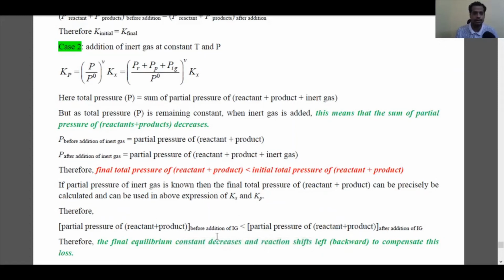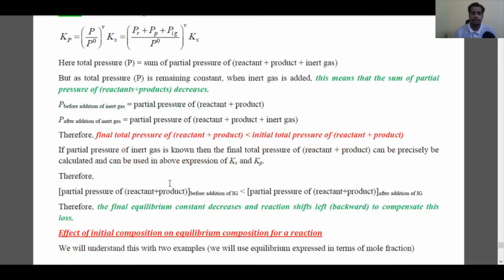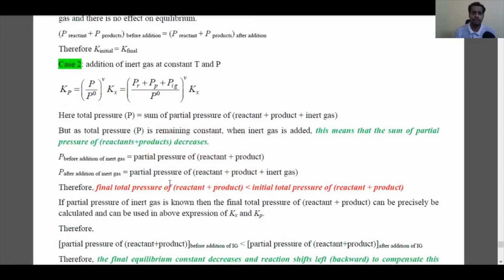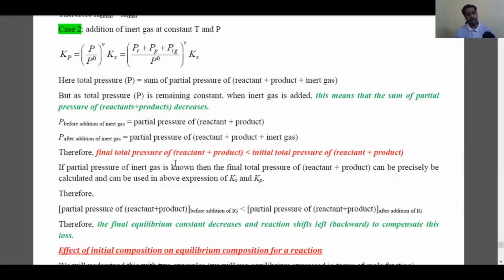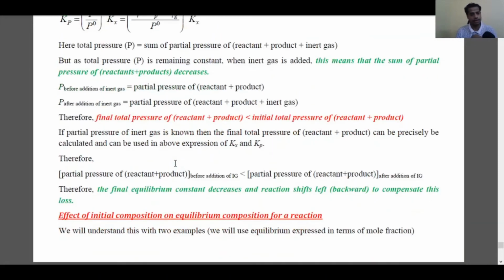After addition of inert gas, this pressure decreases. If pressure decreases, the equilibrium constant will also decrease, meaning the reaction will go towards the reactant side, the backward direction, and more and more reactants will form. So I can say the addition of inert gas at constant temperature and pressure causes the reaction to go in the backward direction.